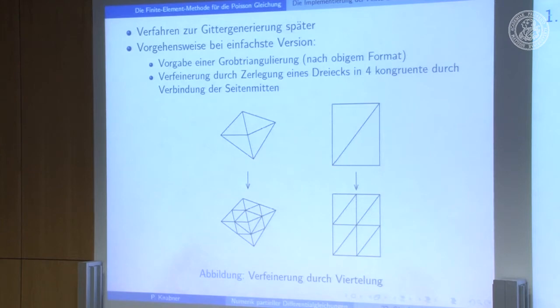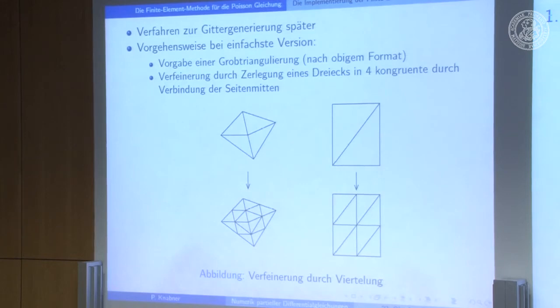This can be done quite easily. We take every triangle and introduce as new nodal points the midpoints of the edges, and in this way we subdivide the triangle into 4 triangles which are all congruent to the large triangle.